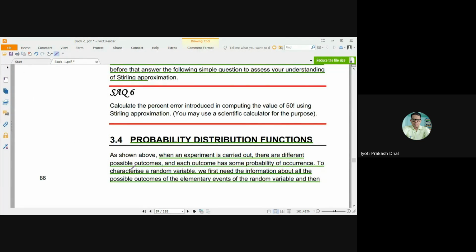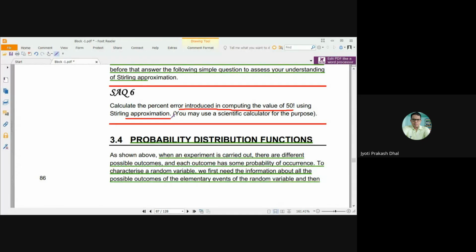Now, here the question is, calculate the percentage of error introduced in computing the value of 50 factorial using Stirling's approximation. You can see the last semester question number 2D: using Stirling's approximation, calculate the percentage of error introduced in computing the value of 6 factorial.